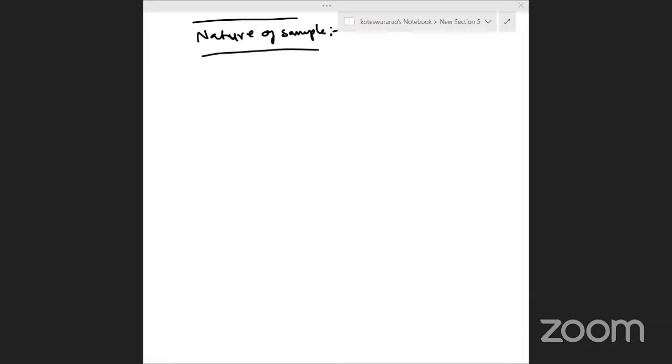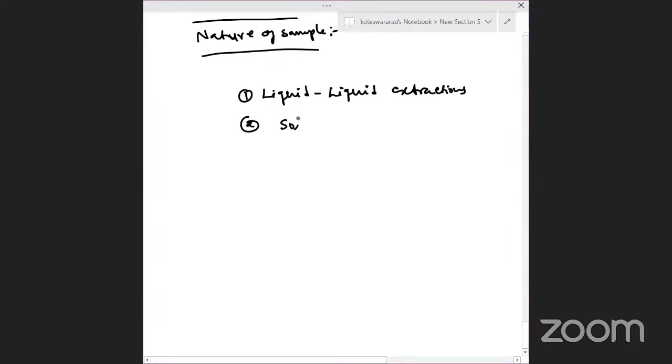The solvent extraction procedures are two types: liquid-liquid extractions, and the second type is solid-liquid extractions.